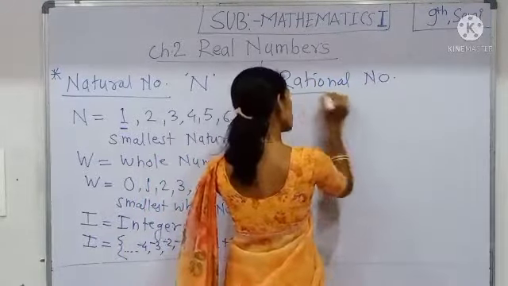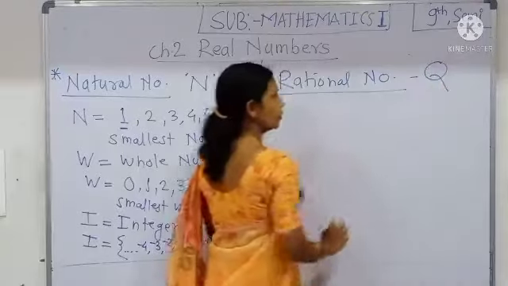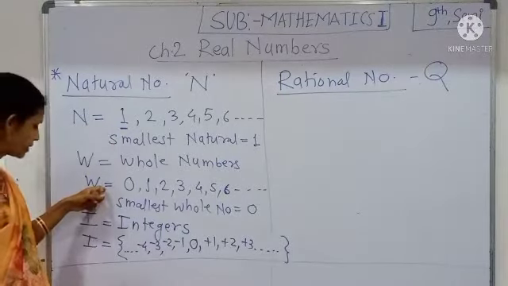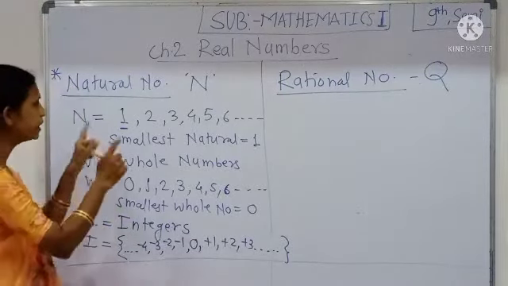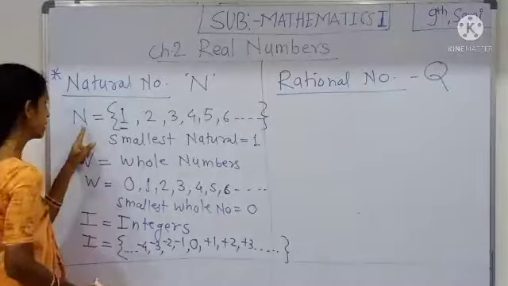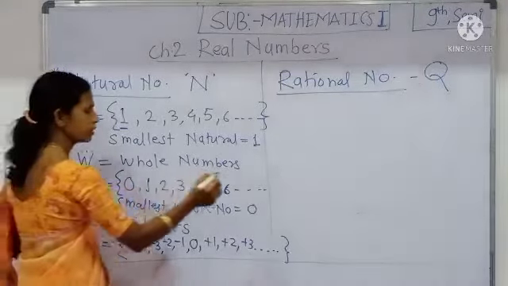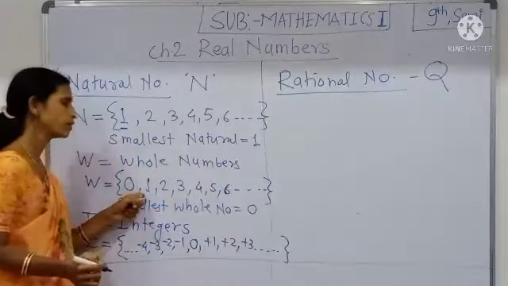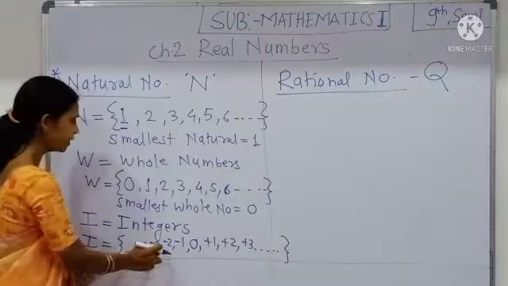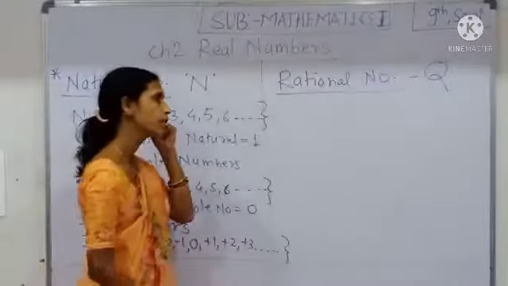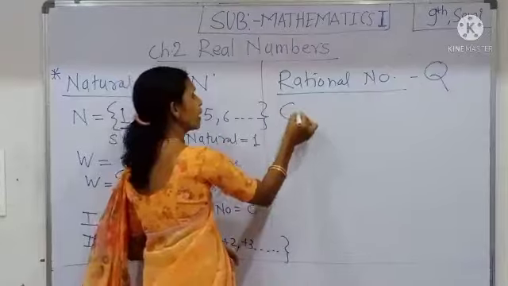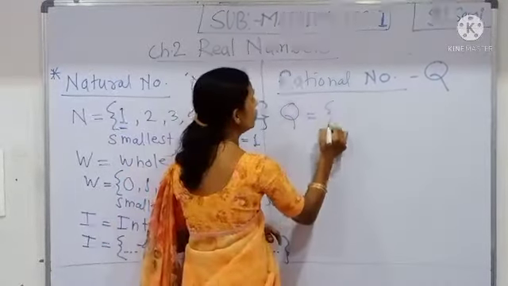The set of rational numbers is denoted by capital Q. The natural number set, whole number set and integer set can be written in list method form. But rational numbers we can write only by the rule method.